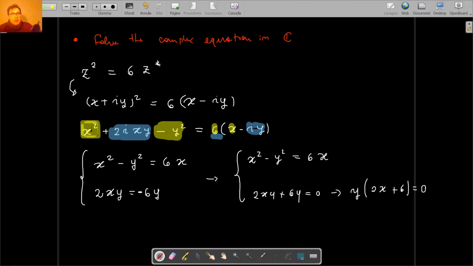So let's go to another page. We rewrite our system to have everything in a single page. We have x squared minus y squared is equal to 6x, and then we have y, which multiplies 2 times x plus 6 equal to 0.